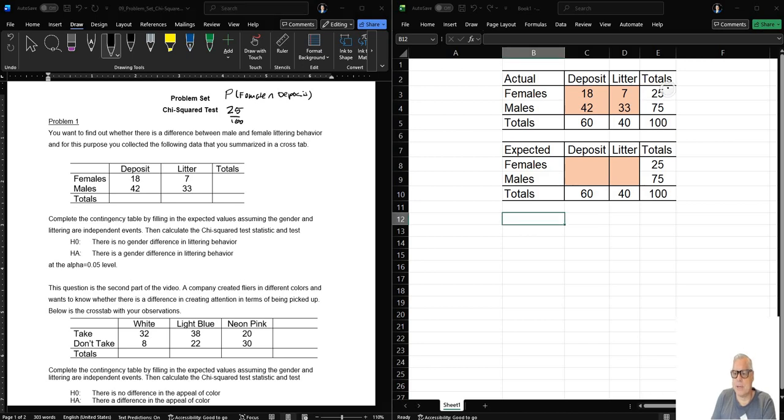So it's 25 over 100. So it's basically this cell over 100 times 60 over 100.